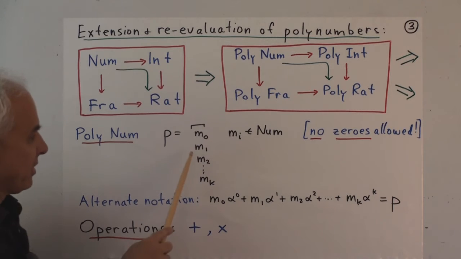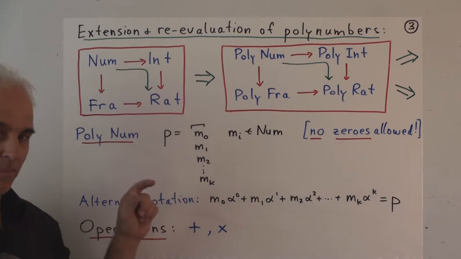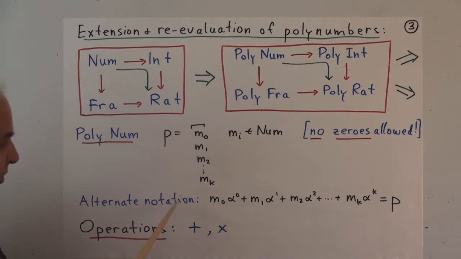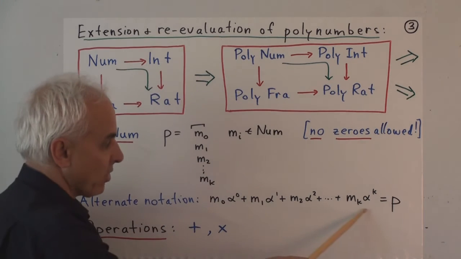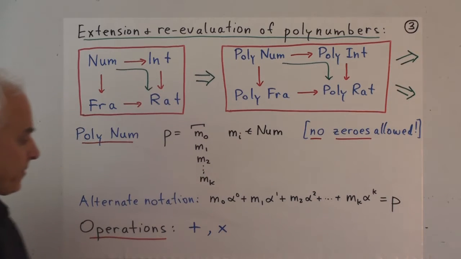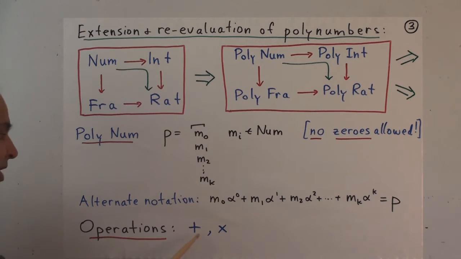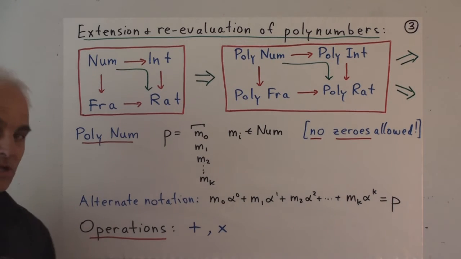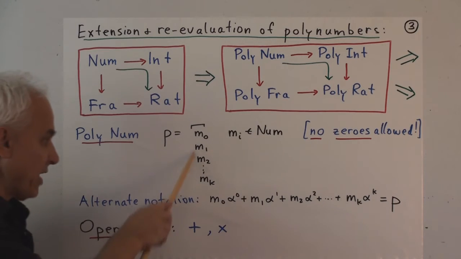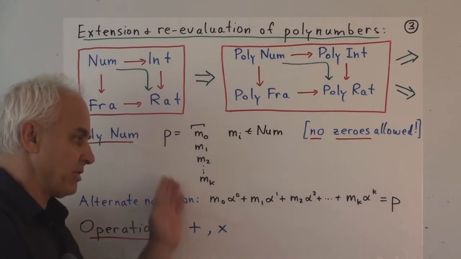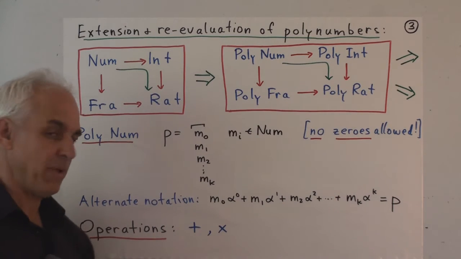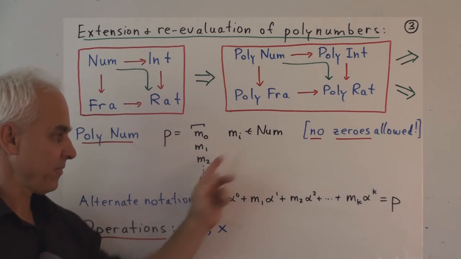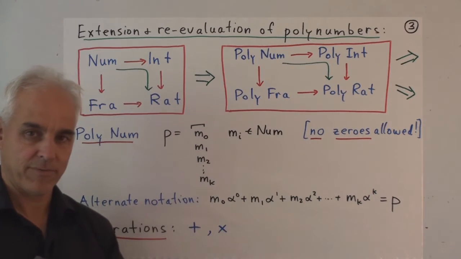We could still include alpha as the polynumber 0, 1, just as before. So we could still rewrite this polynumber in, say, this horizontal or standard alpha form. And we would still have the operations of addition and multiplication. These are all natural numbers, these are all natural numbers, and you add them, you're still getting all natural numbers. Similarly, if you multiply two of them, you always get natural numbers.